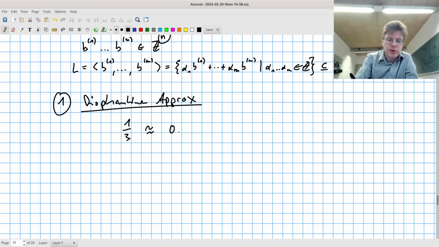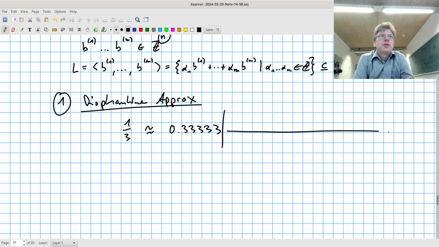You can say this is 0.3333, and at some point you have to stop, and then whatever comes after you don't know. And you know how to get from here to there. And the funny thing that you can do with LLL, and that seems very magical if you see it for the first time, is you can go backwards. You can say, given this, I want to know what was the rational number that produced this approximation.